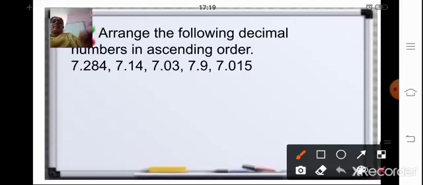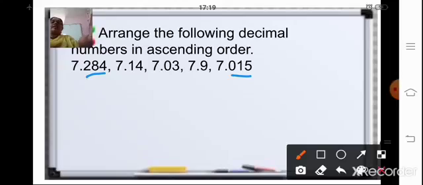The first step is we will convert the unlike decimals to like decimals. First in these numbers we will see which number has the maximum digits in the decimal part. Here the maximum is 3 digits, that is, this number and the last number have a 3-digit decimal part. So we'll change the other decimal numbers to like decimals.